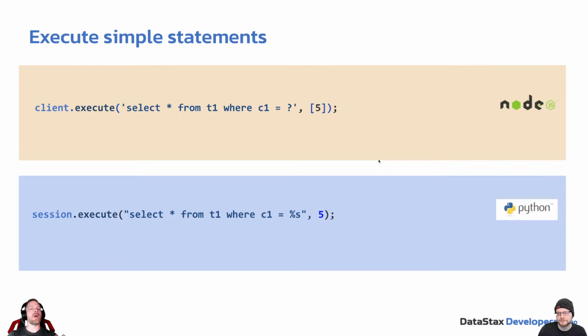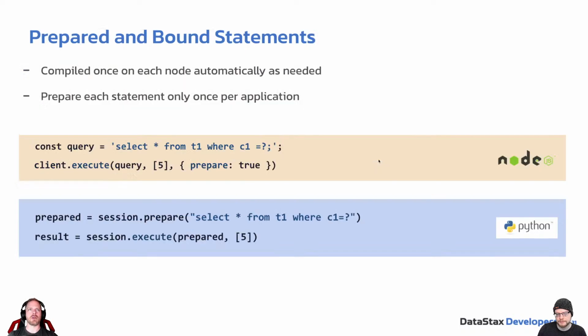So there are ways to optimize your queries to make them much more performant, especially for subsequent runs, right? And that's really where prepared statements come into play. By the way, this is also the same if you're using a relational database, right? So if you are working with a database and you're not using prepared statements, I don't care what language it is or what database, generally you should be. Here's the difference.